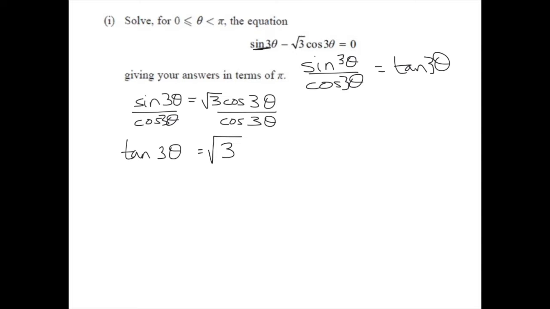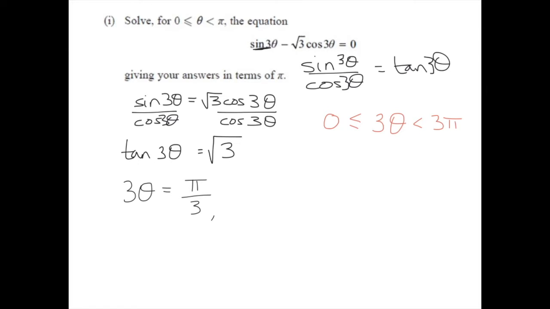Instead of it being between 0 and pi for theta, I'm now going to change it to the range for 3 theta, which is going to be 3 lots of pi. So now when I solve tan 3 theta, typing it into our calculator, we'll end up with 3 theta equals pi over 3.